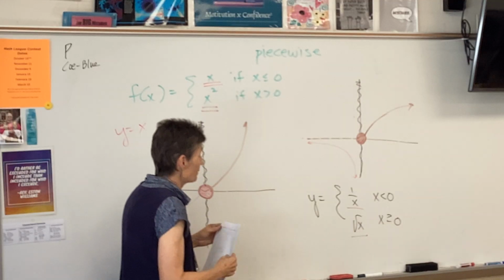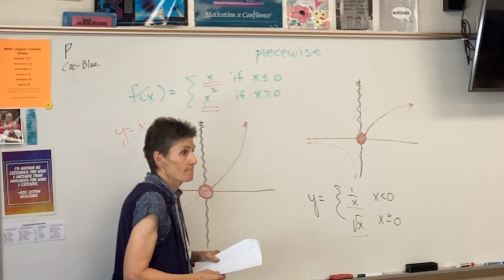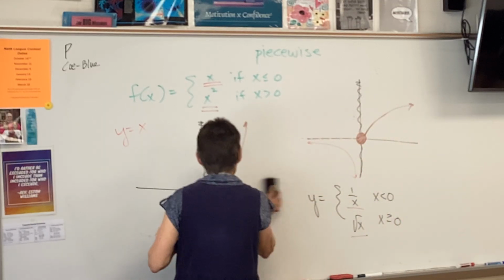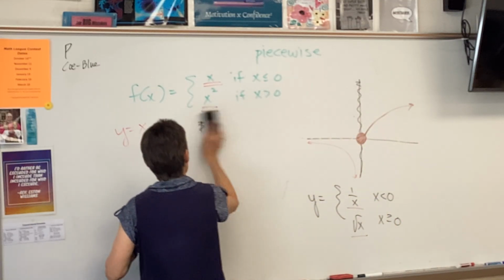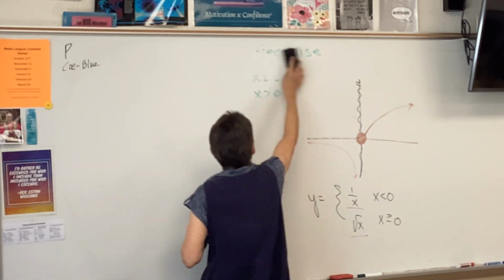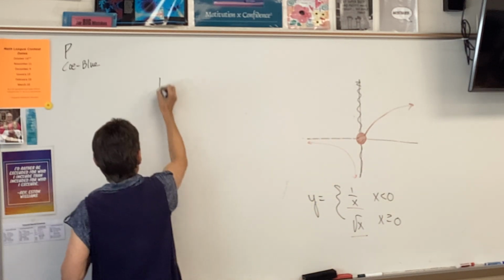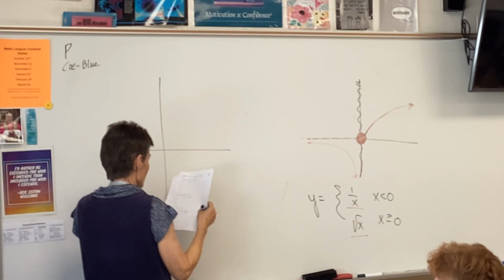All right, everybody okay with that one? All right, the last one. What do you notice about it? What's a little different about it? There's 3 of them. There's 3, which means that there are going to be 2 places where the picture is broken.